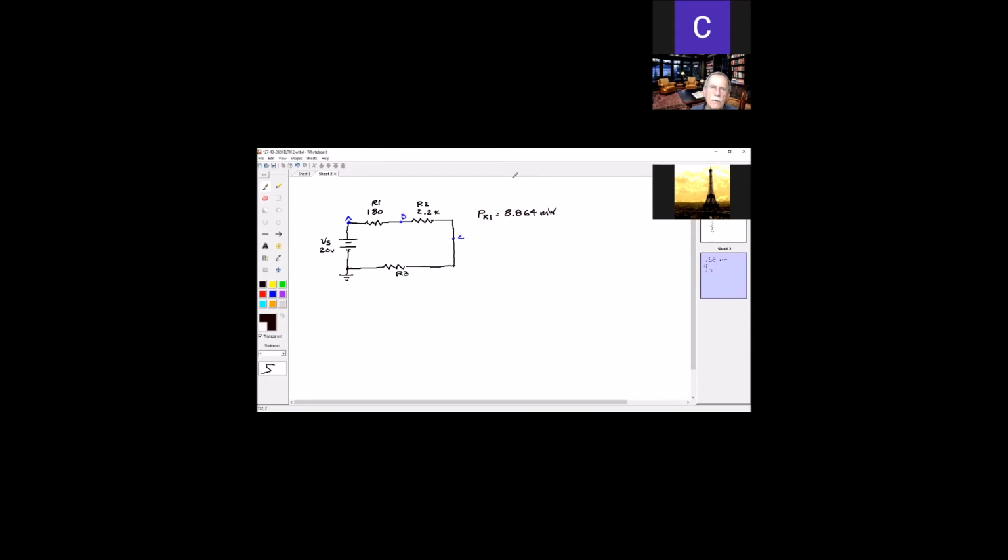See if you can solve for all the voltages, currents, and the unknown resistance R3.